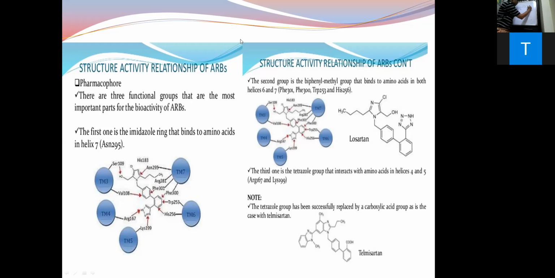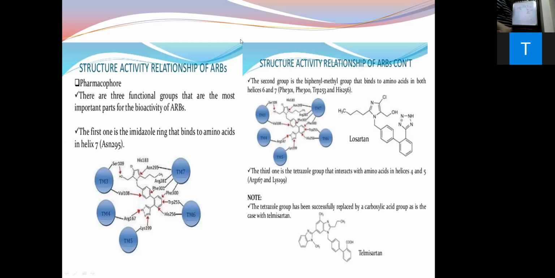Over here it contains an alcoholic group. In case of losartan, it was methyl alcohol. In case of telmisartan, it is ethanolic. So what is the difference between losartan and telmisartan?